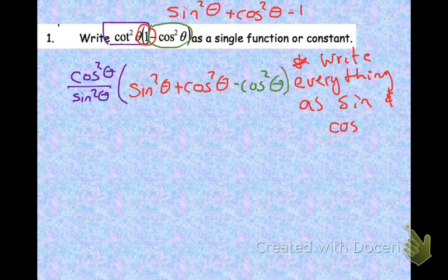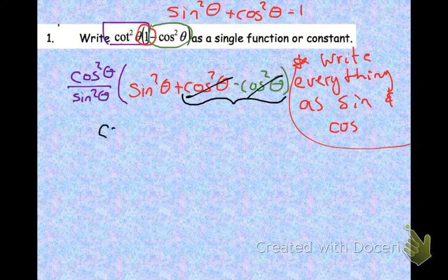So if you see what you have here now, we have cos squared over sine squared times sine squared plus cos squared minus cos squared. Well, if you notice right here, cos squared minus cos squared, those are just going to cancel out.